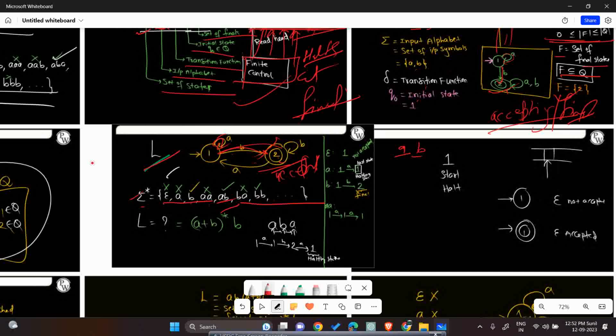So this is the language which should end at B, right? Language should end with B, right? And with B, so this is the case.